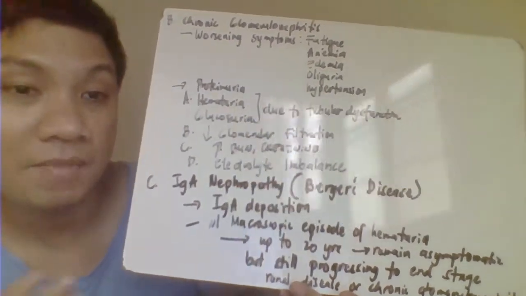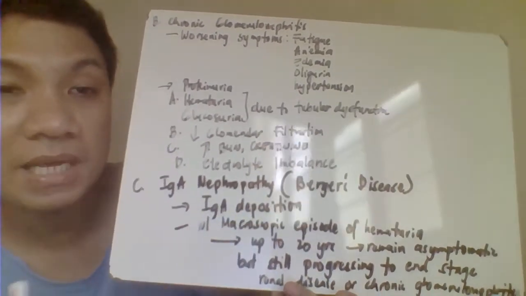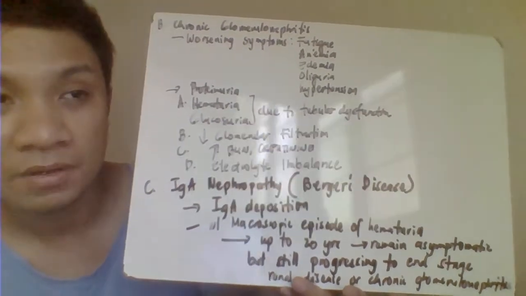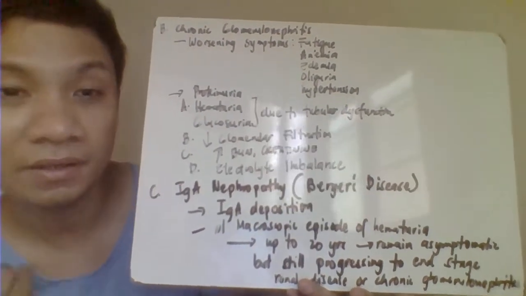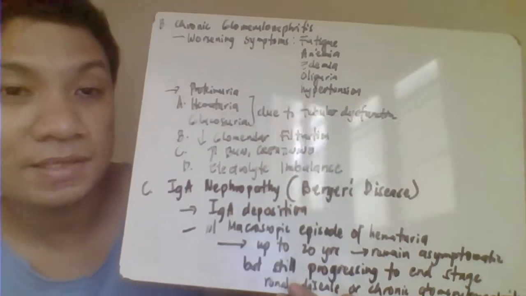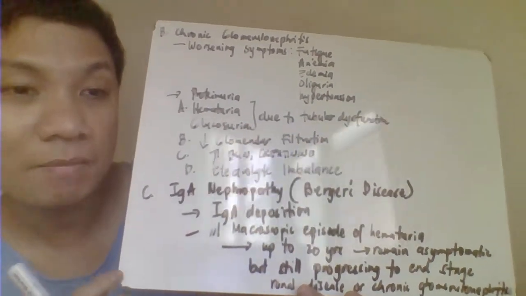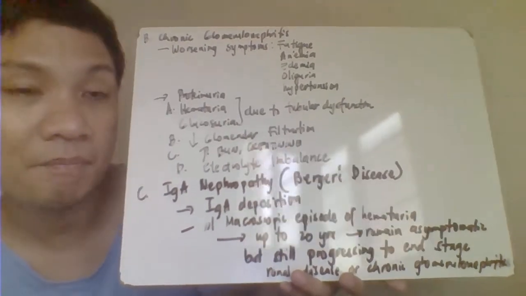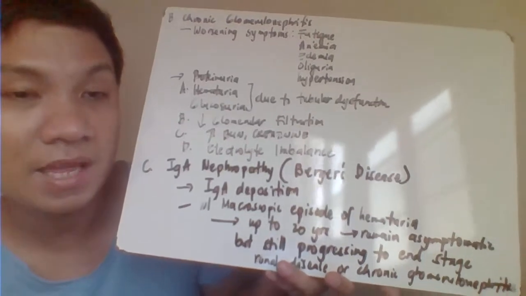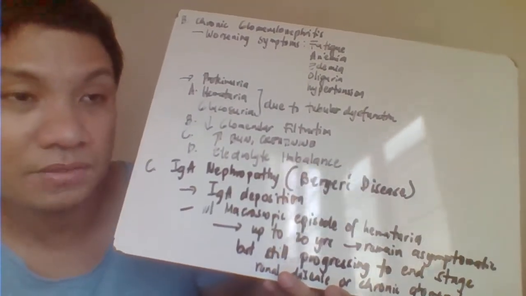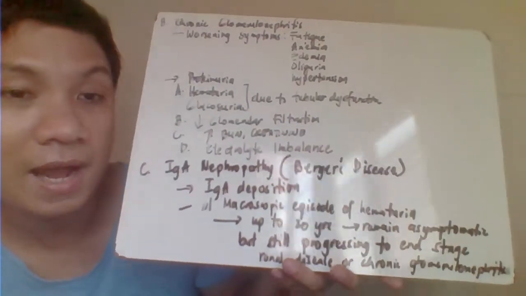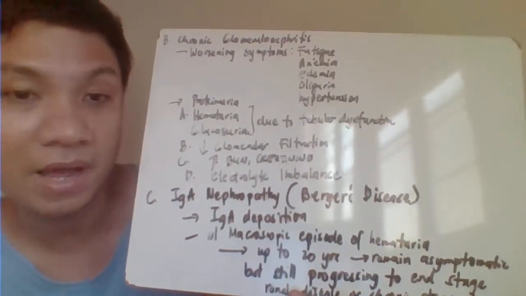Okay, and it is only then that you need to fully treat the patient. But if you do not see it, or you are not very strict with testing or consulting a physician, you feel you have no illness, but the bad thing is it will still progress to a more complicated, more severe disorder, could eventually progress to end-stage renal disease, and you will just suddenly be surprised, or even chronic glomerulonephritis.